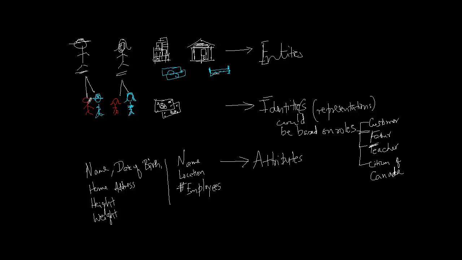One is as this red colored stick figure, perhaps as a customer of a bank, perhaps as a lender to a bank, and so on and so forth. Here he's got another identity as perhaps a CEO of an organization.